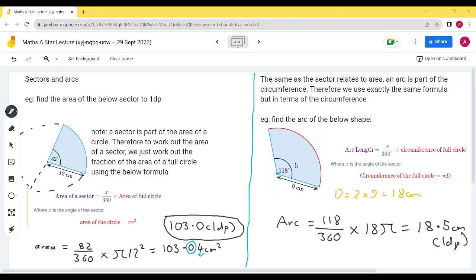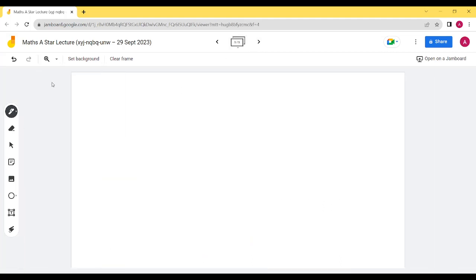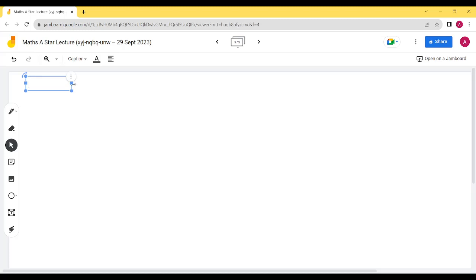The reason we're going to do this is looking at what I would say is the trickiest part to do with circles, which is working out a segment. The segment of a circle. So we've got a question here.